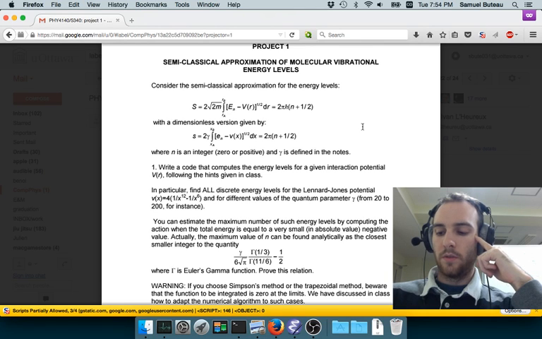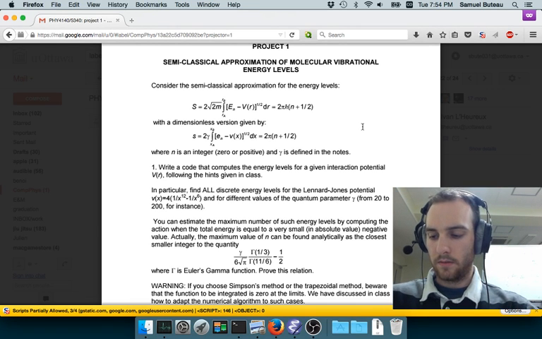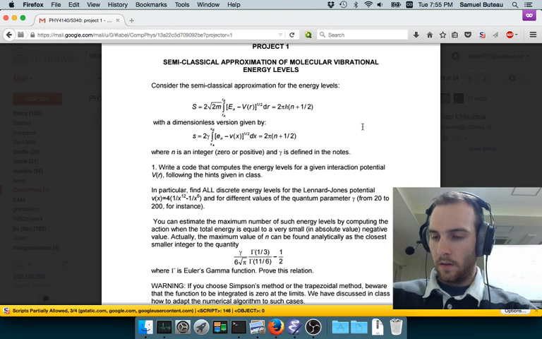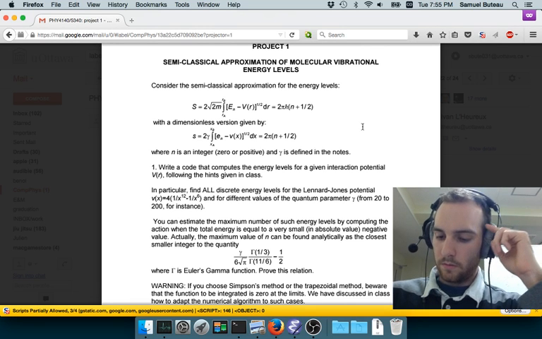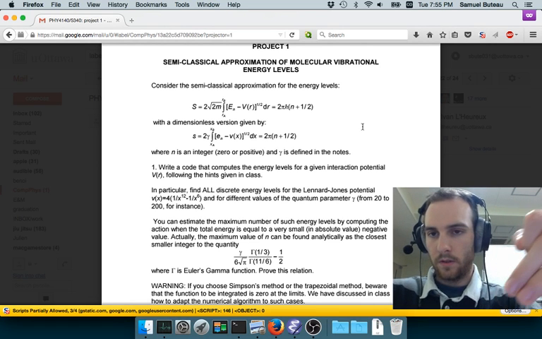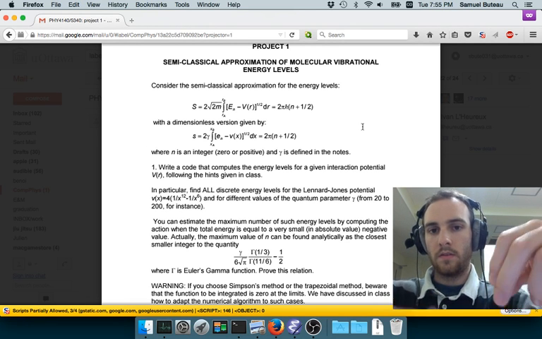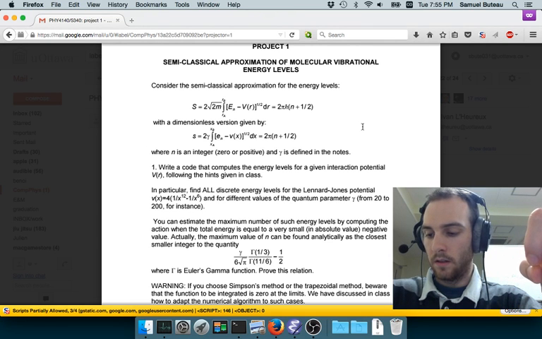The potential energy between the atoms is therefore parametrized by the distance between the nuclei r. So we don't care about the electron clouds, we care about the distance between the nuclei. A potential which is often used in practice to describe how the energy varies with different choices of distance between the nuclei is the Lennard-Jones potential.